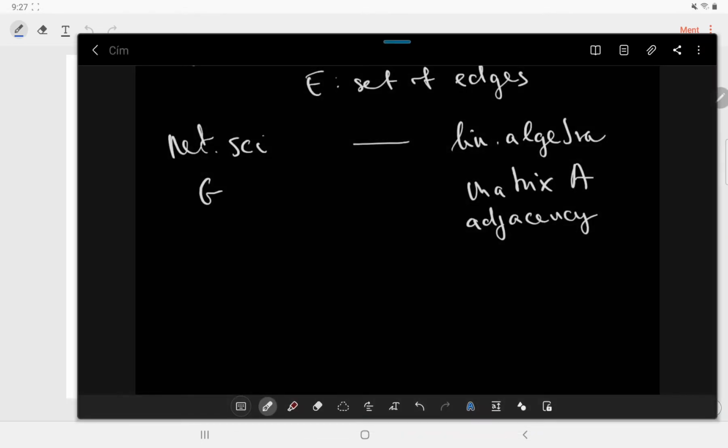Now, degree is a really fundamental definition in graph theory, and as such it has a very natural interpretation also in linear algebra.